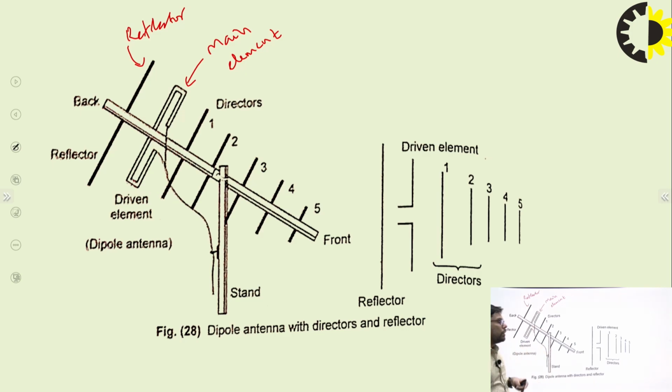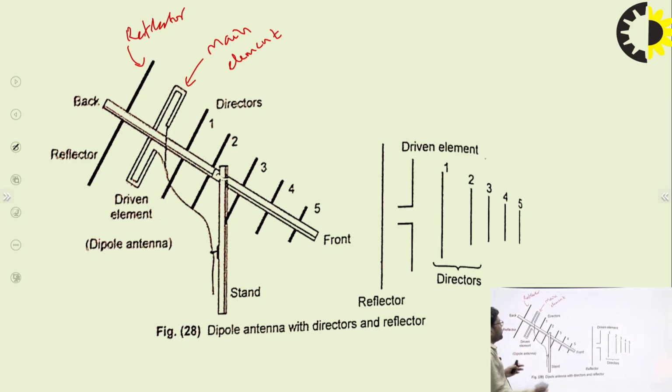So the functioning of reflector and directors is complementary by nature. The director is used to enhance the directivity or gain of the antenna in a particular direction, while the reflector is used to suppress the radiation in the backward direction.